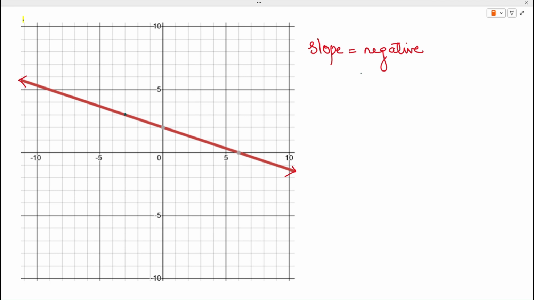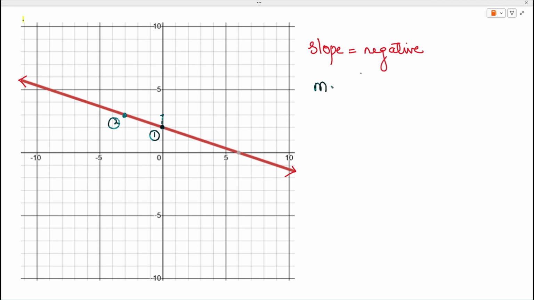So let us take the first point as this and the second point as this one. Again, you can pick up any 2 points. So we are going from point number 1 to point number 2. So first we'll be moving up. So how much are we moving up? We just moved up by 1.